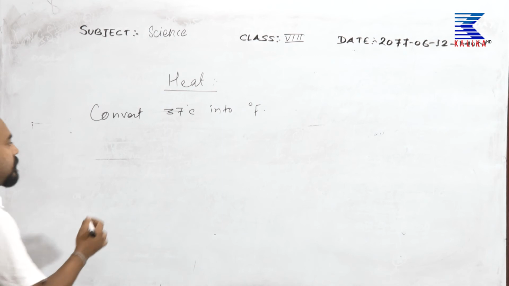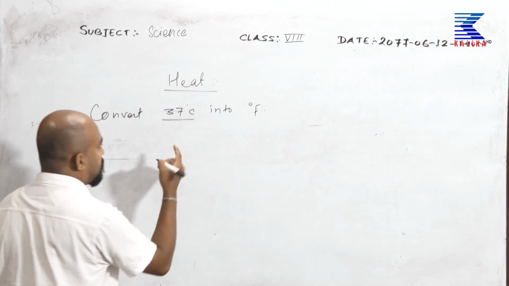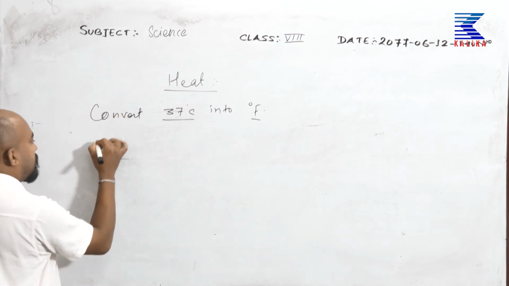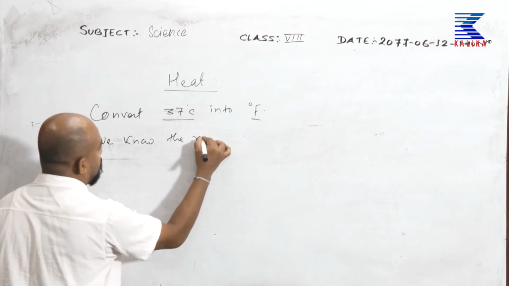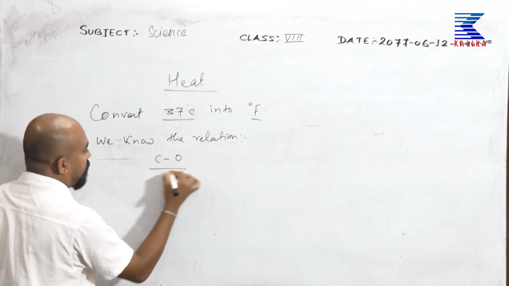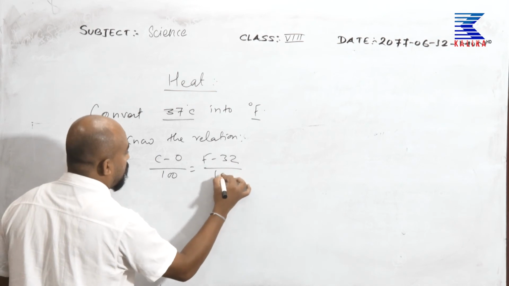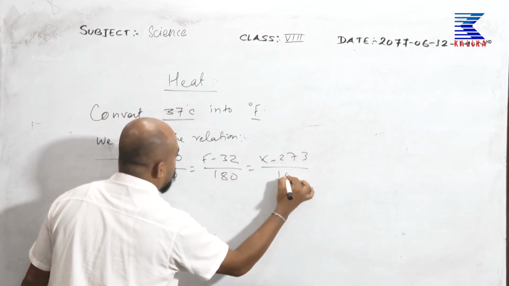Here the given value is degree Celsius and you have to convert into degree Fahrenheit. So, we know the relation C minus 0 by 100 equal to F minus 32 by 180 equal to K minus 273 by 100.